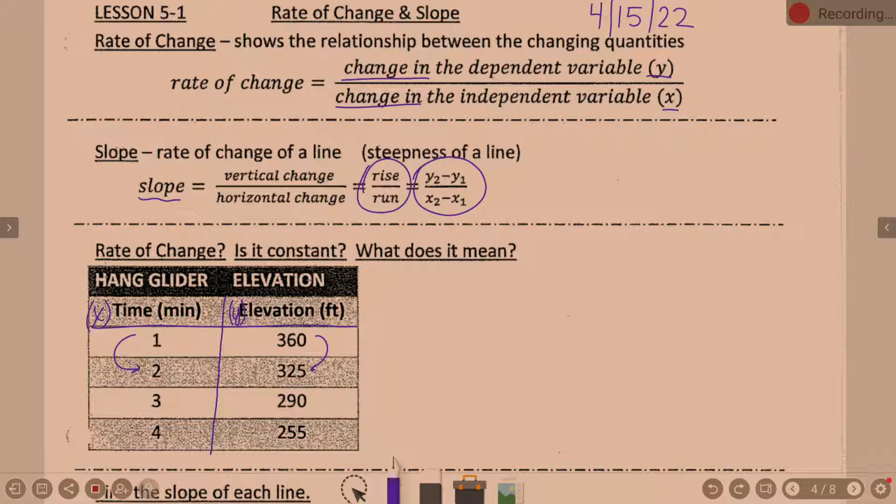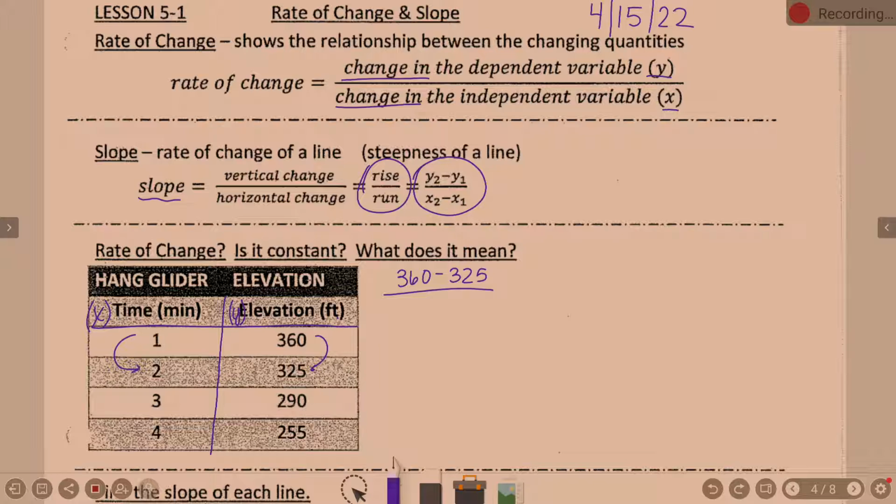Okay, subtract. Yeah, in order to find the amount of change, we're going to subtract. So I'm going to do 360 minus 325. So that's my change in Y over change in X.